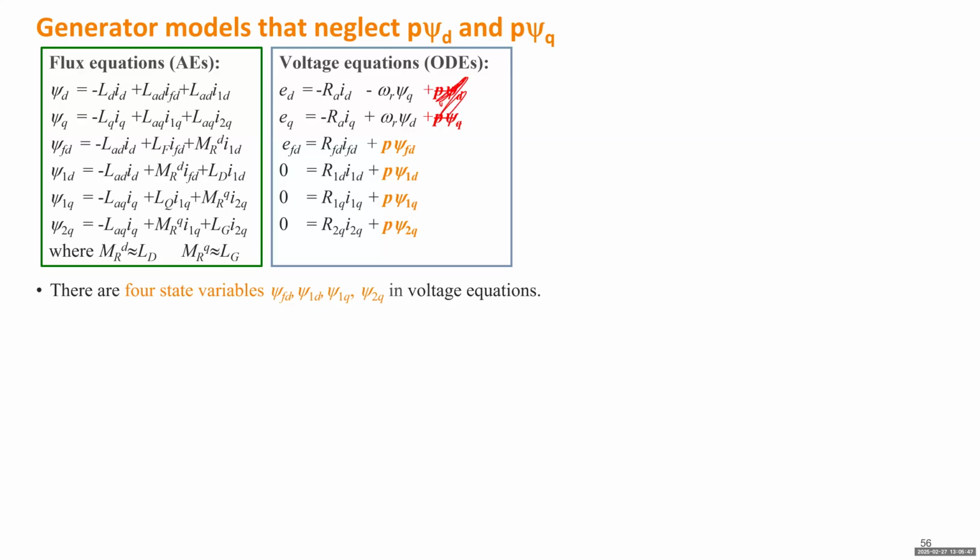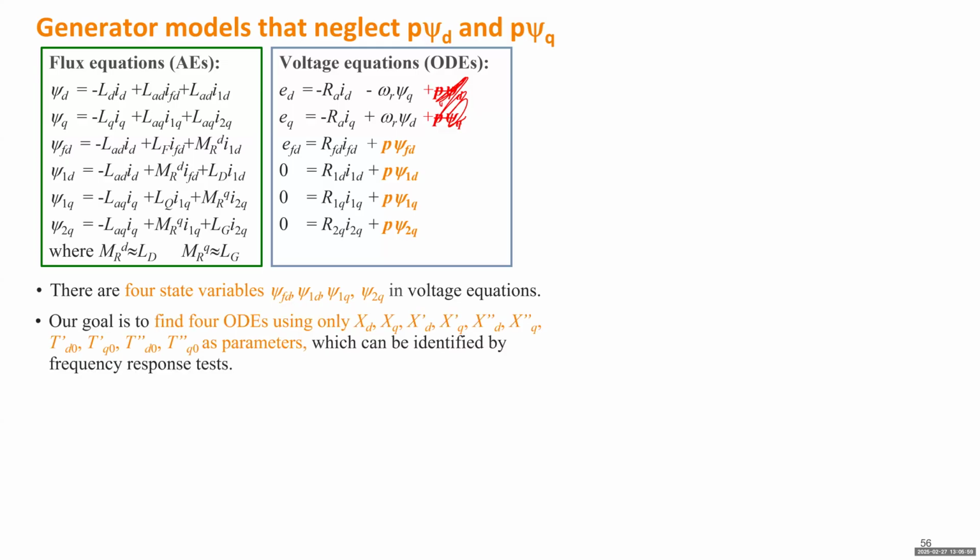Those will be gone. We ignore those two, but we still have four state variables, which start with p. P is just a differential operator. Our goal is to find four differential equations for those four state variables, utilizing some parameters we derived.